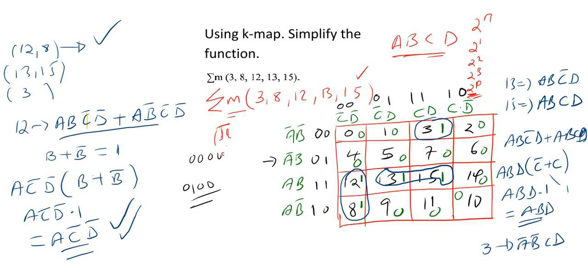So after getting the simplified expressions for each group, you do the OR operation. You add them together.